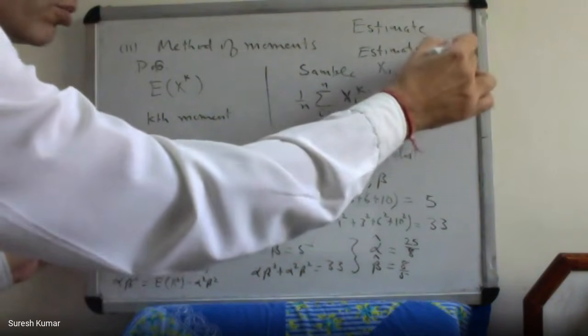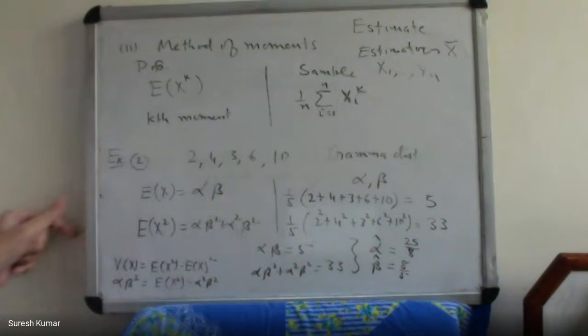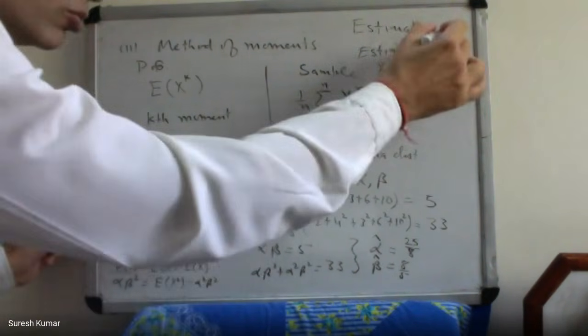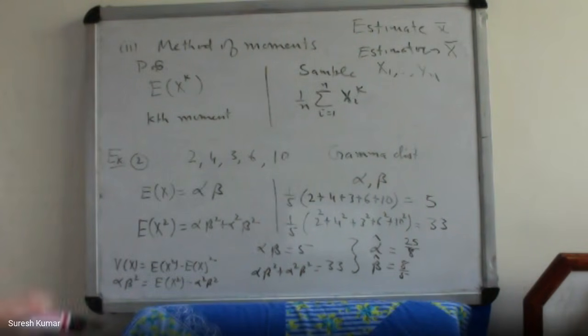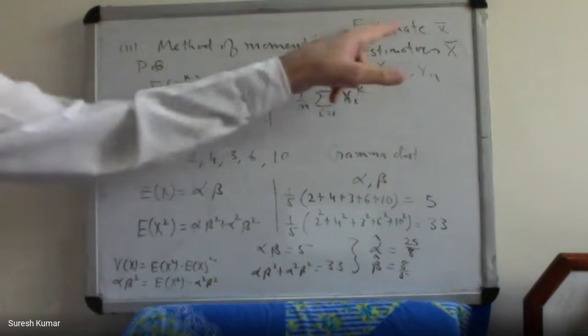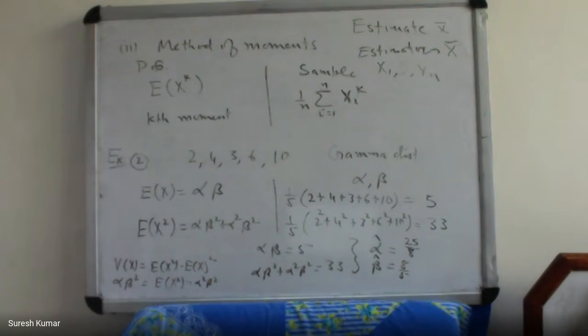It is the random variable that estimates the population parameter, and its value, let's denote it by x bar, is the estimate of the population parameter.